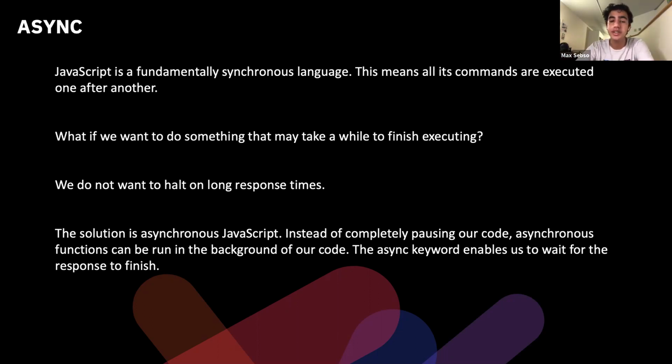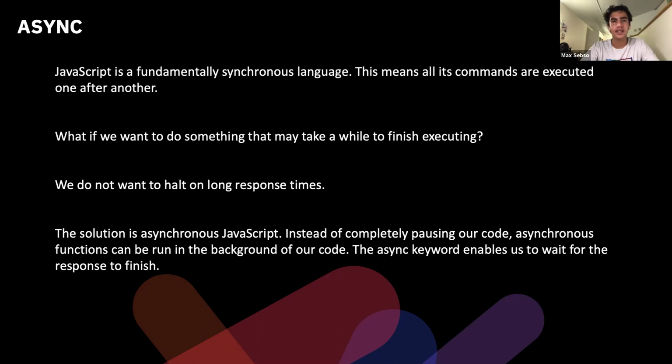The keyword that allows us to have this asynchronous functionality is called async, and it basically defines that the function will run in the background, and the keyword that actually allows us to wait for the response is called await.